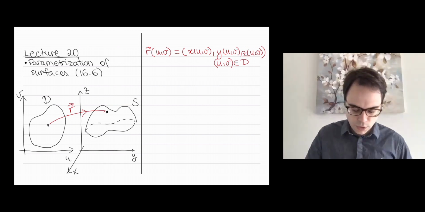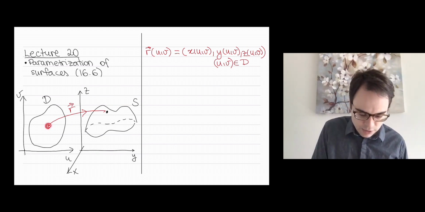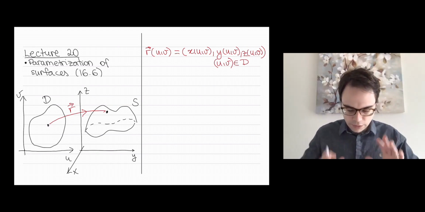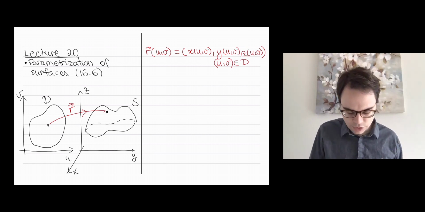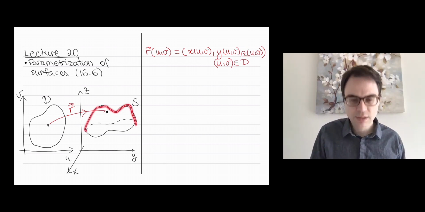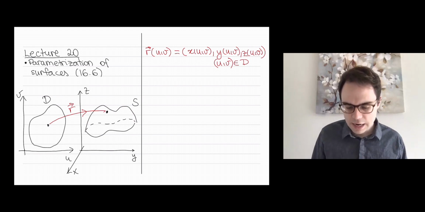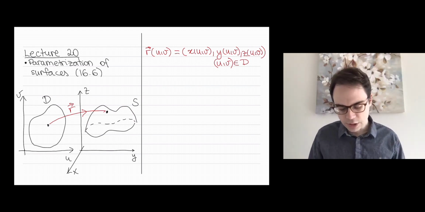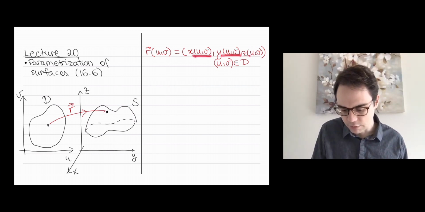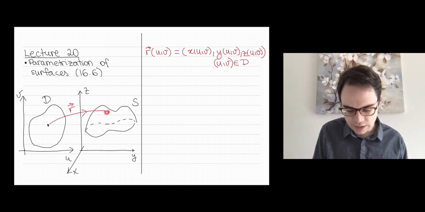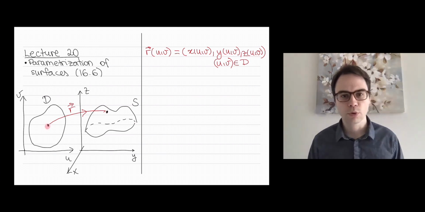So the point is, let's go back. We start with the surface S in 3D space, and then a parameterization consists of a formula for points in this surface S in terms of two parameters u and v.